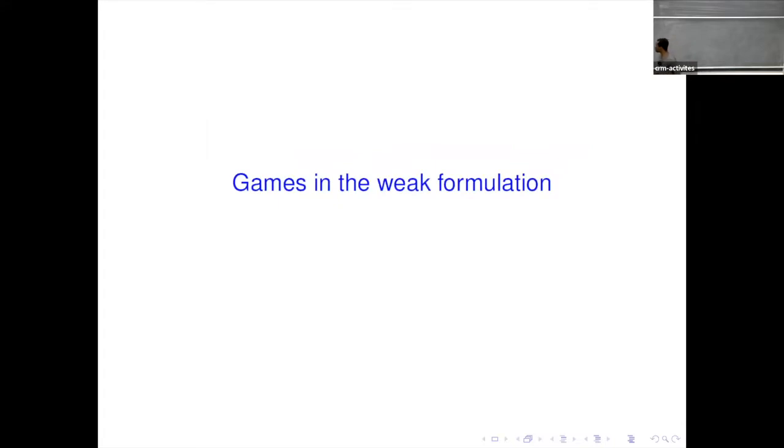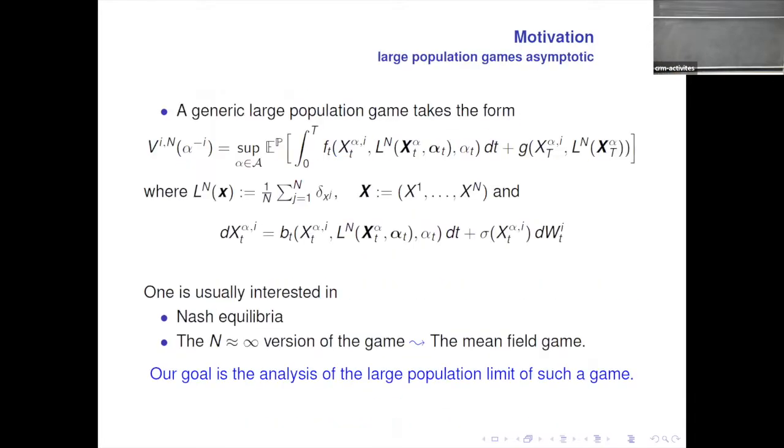heterogeneity there. So perhaps the keyword in our approach here would be weak formulation. So we really take that seriously and try to get as much as we can from this different formulation of the game. So in this game here, we will not look at the state process, but a weak formulation, a weak solution of that process.